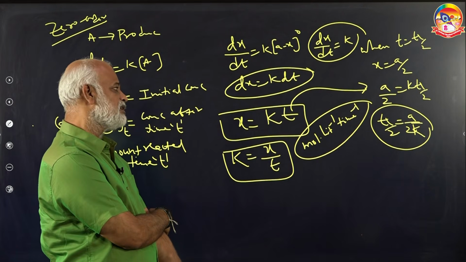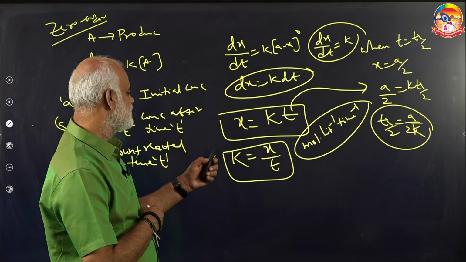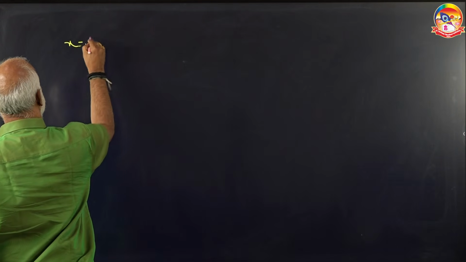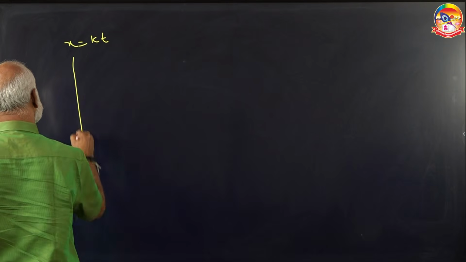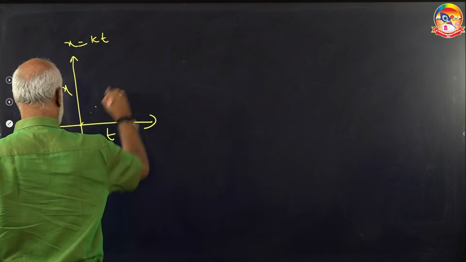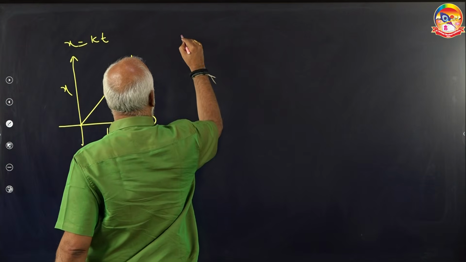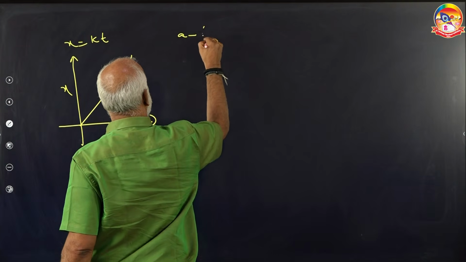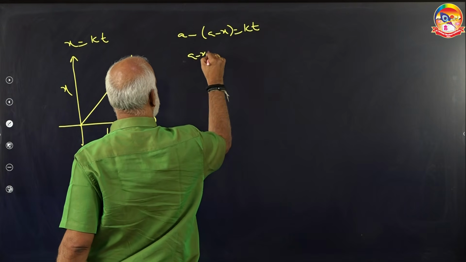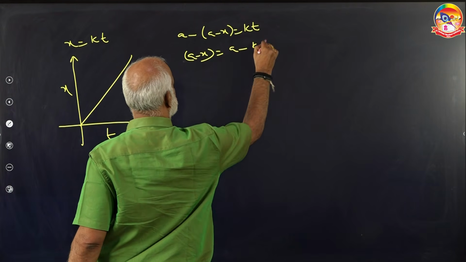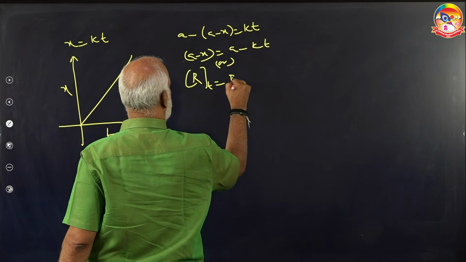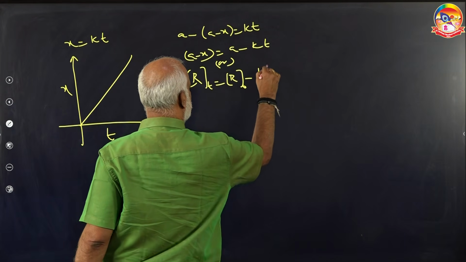So, shall we see some graphical representations in zero order? x = kt. a minus (a minus x) = kt. So a minus x = a minus kt, or Rt = R naught minus kt.